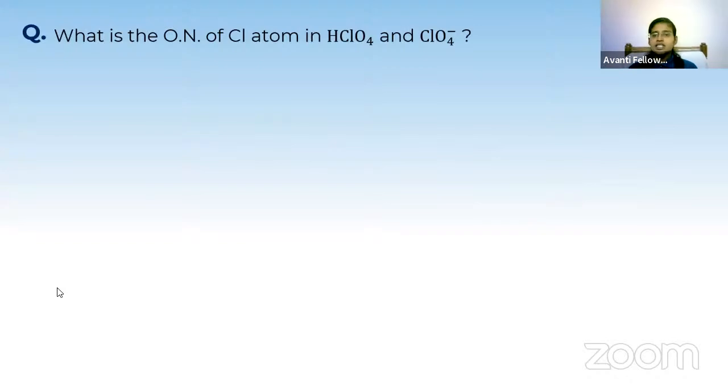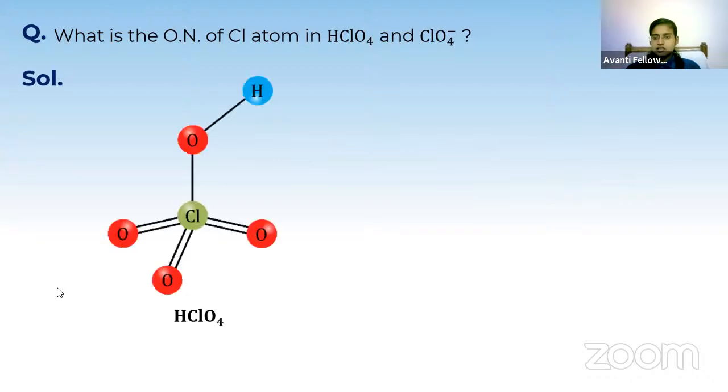What is the oxidation number of the chlorine atom in HClO4 and ClO4 minus? So I have got two compounds. Can you find out the oxidation number of chlorine in both the compounds? Go for the first. Find out the oxidation state of chlorine in HClO4. And this is the HClO4 structure.